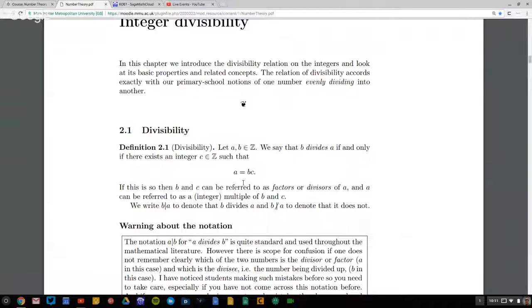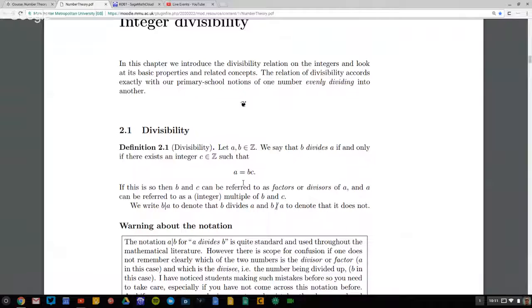So just be clear on that, that's why it's a statement. 2 divides 10 happens to be true. 3 divides 10 happens to be false. That's what relations are. They're functions from some set of inputs.